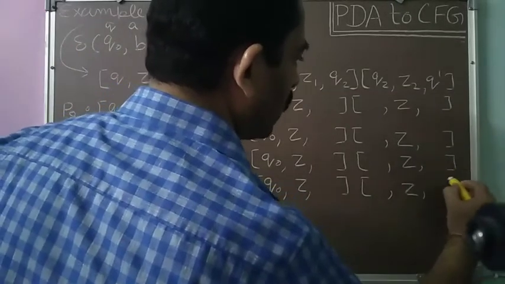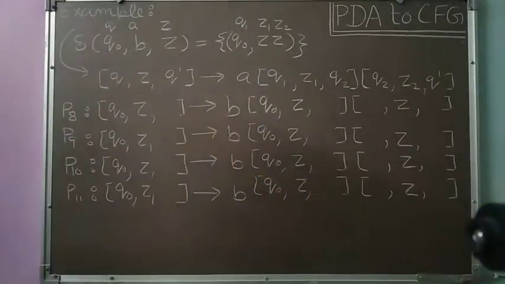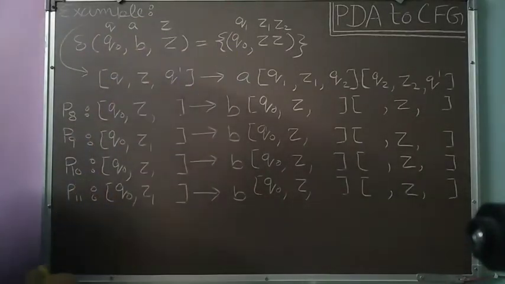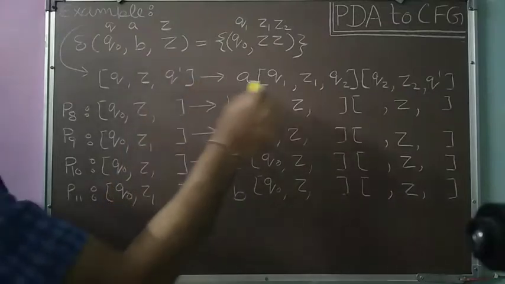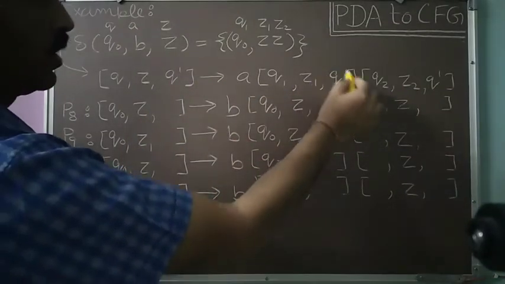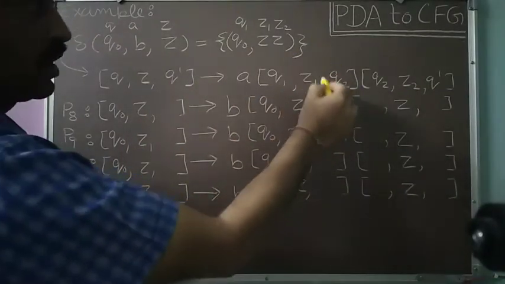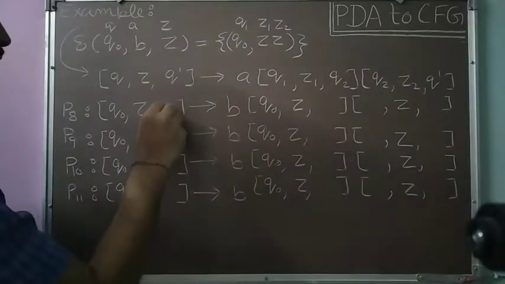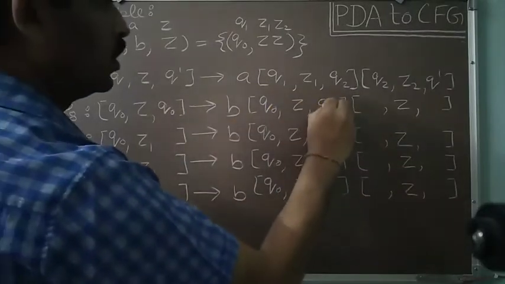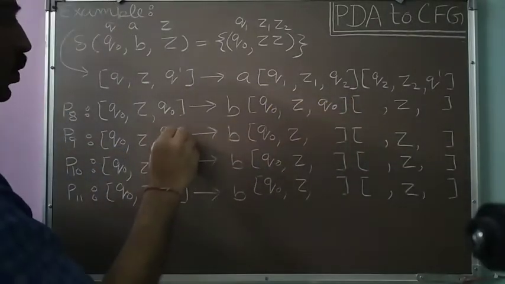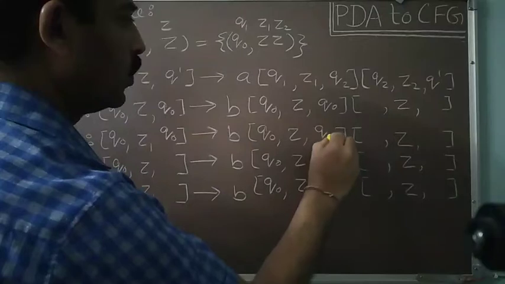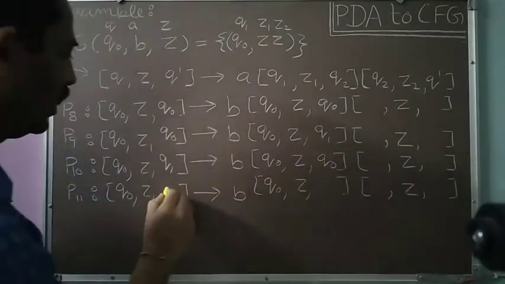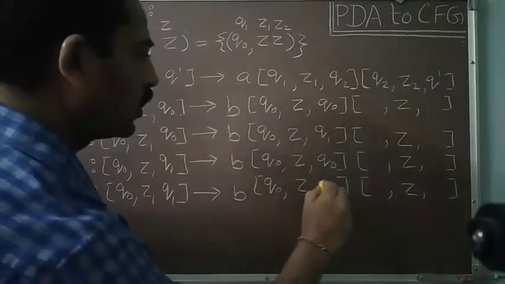Again, similarly, I will fill in the value of Q dash. Q dash may have the values Q0 or Q1. Because there is only one more variable remaining, 4 productions will be there. The other 2 values will be for Q2, again Q0 and Q1. So I have the combinations Q0 Q0, Q0 Q1, Q1 Q0, and Q1 Q1.